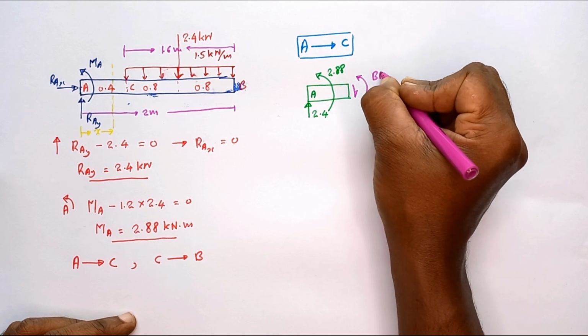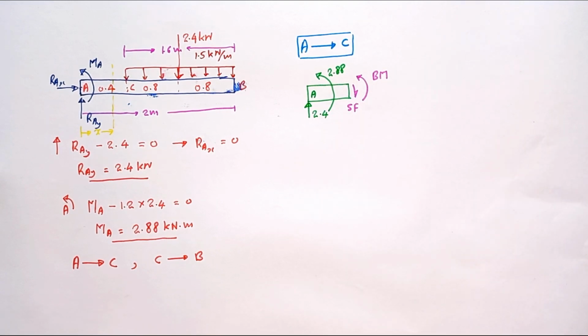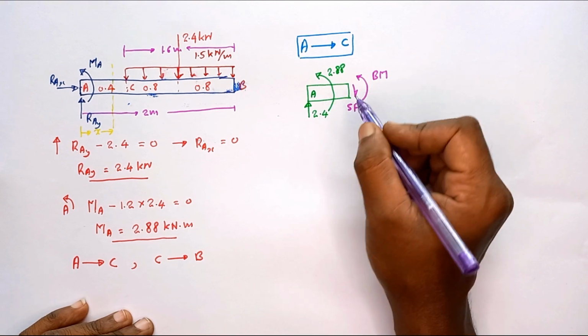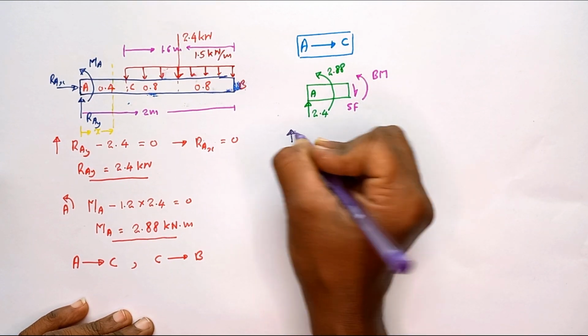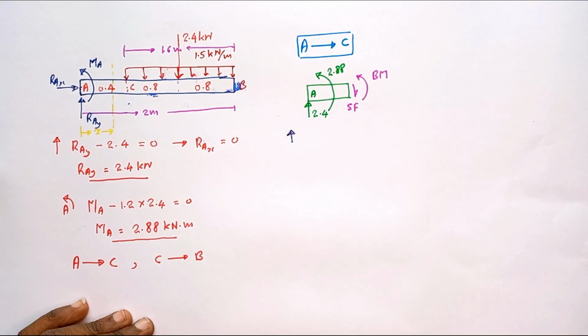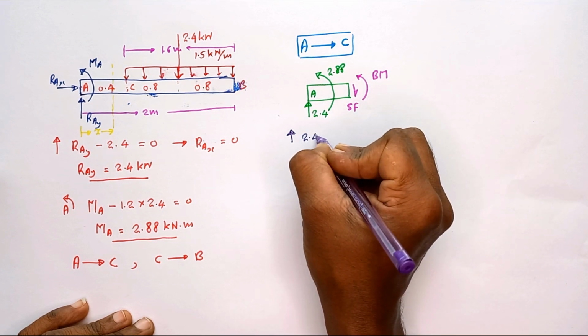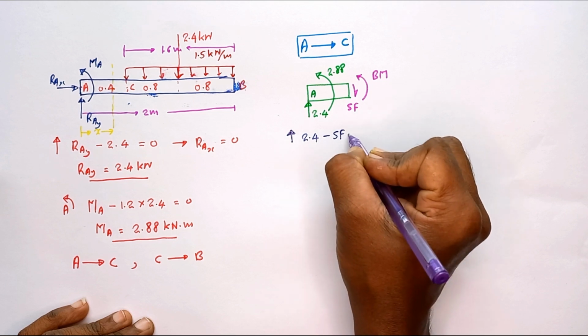Let's take the magnitudes as shear force SF and bending moment. Then I am going to obtain the equations for shear force and bending moment considering the equilibrium of this separated beam part. So I am going to resolve the forces in the vertical direction to obtain the equation for shear force. Here the upward force 2.4 minus shear force is equal to 0.